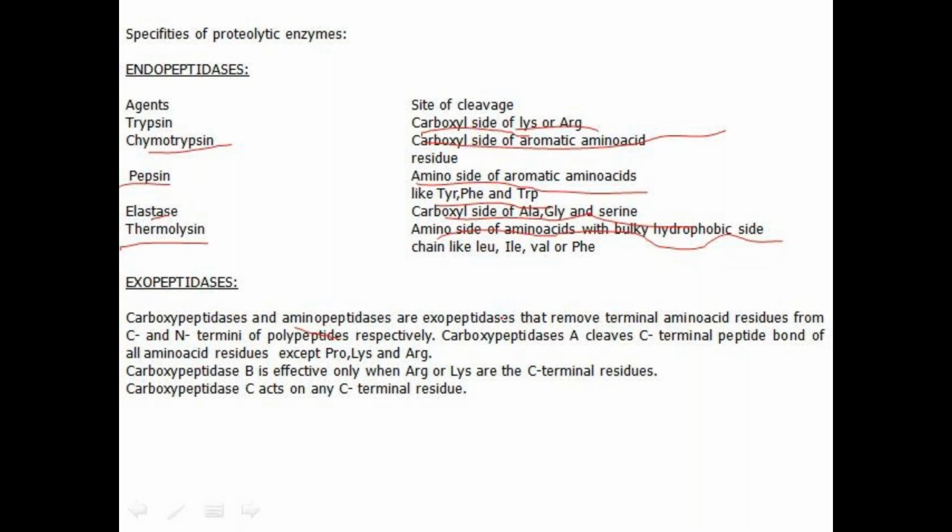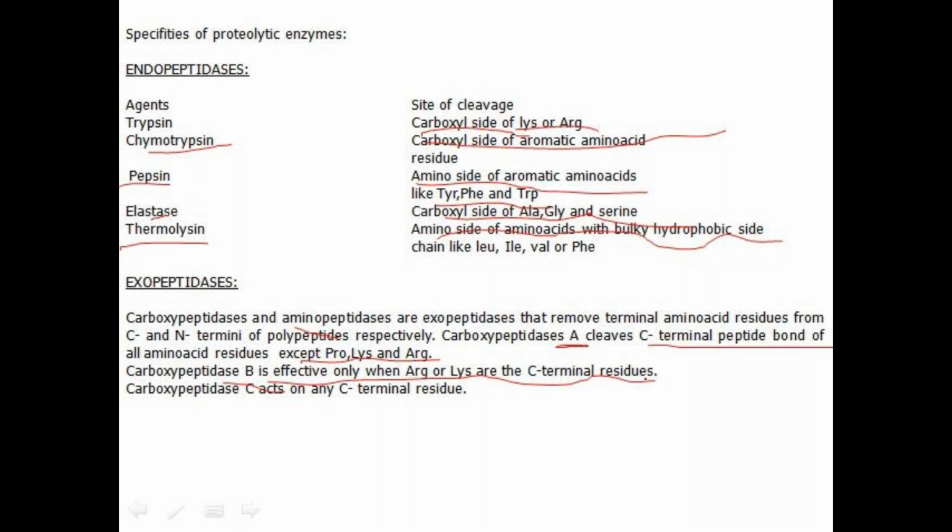Carboxypeptidase A mainly cleaves the C-terminal peptide bond of all amino acid residues except proline, lysine, and arginine. Whereas carboxypeptidase B is effective only where arginine or lysine are the C-terminal residues.